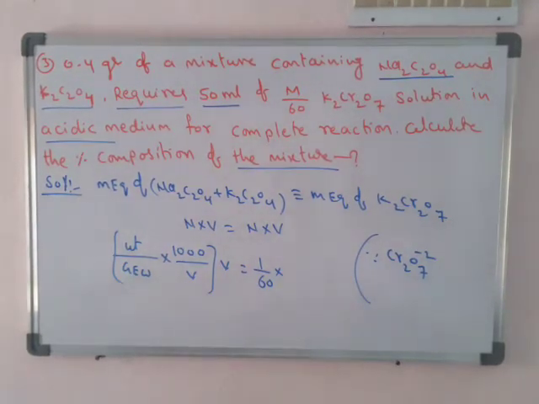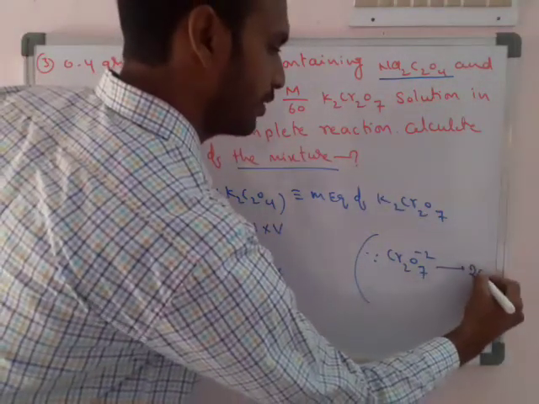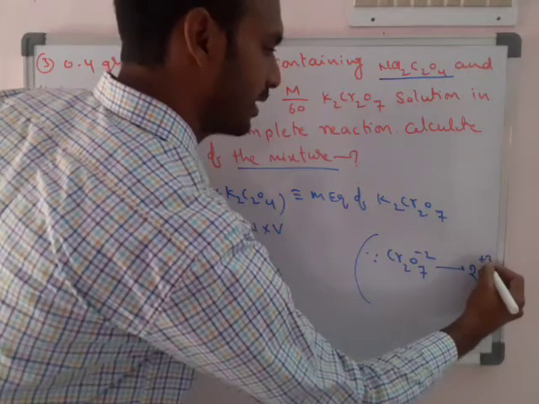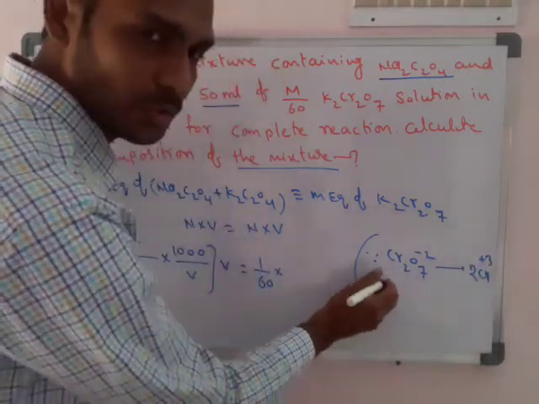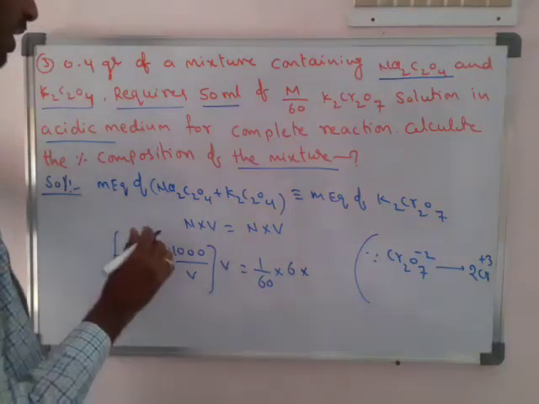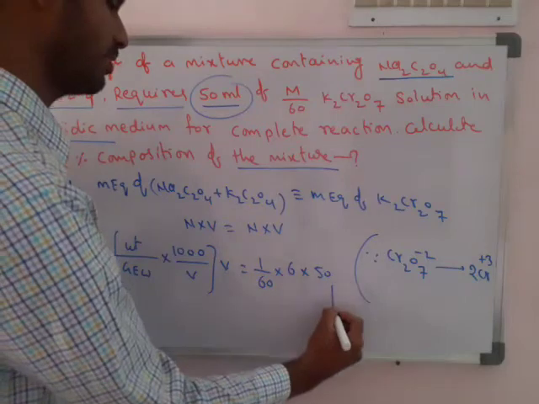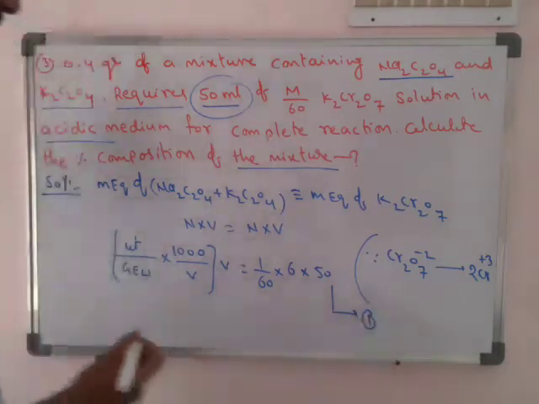Dichromate always changes to 2Cr plus 3, so a total gain of 6 electrons takes place here. So the N factor is 6. Right, so what is the value? It is given 50 milliliters. So take it as equation 1.